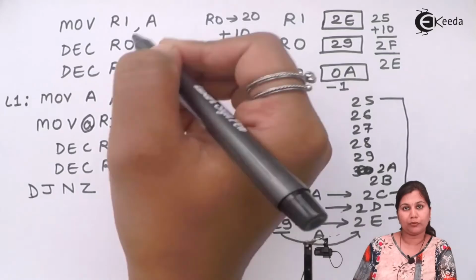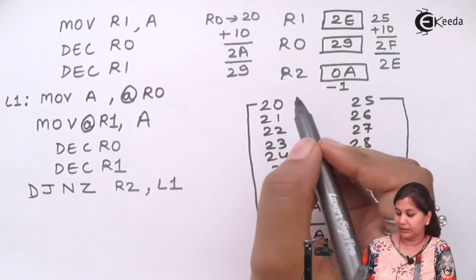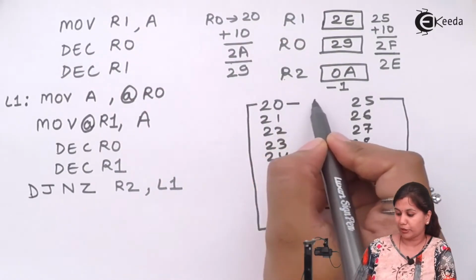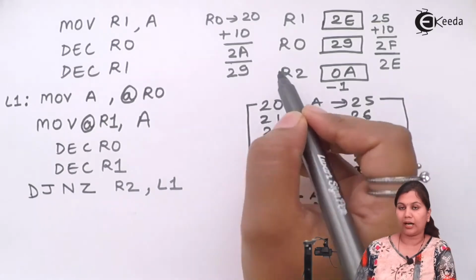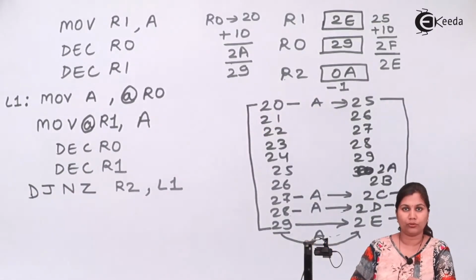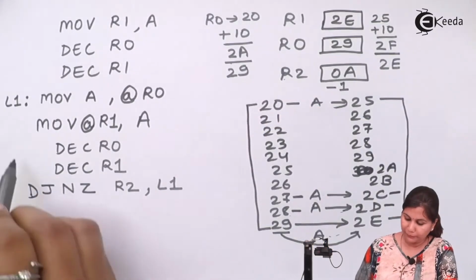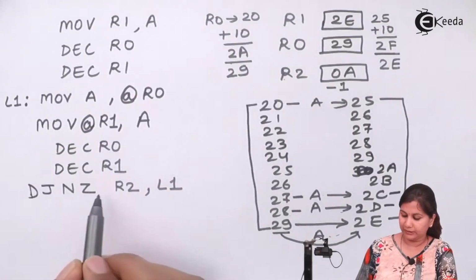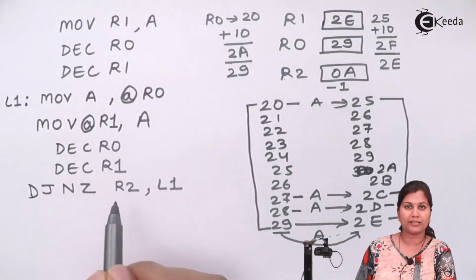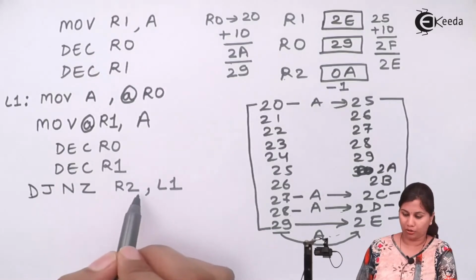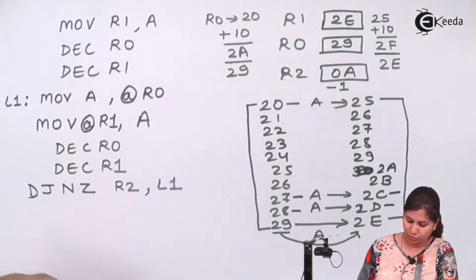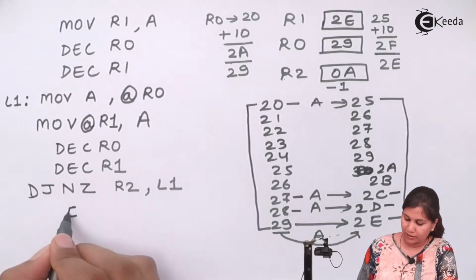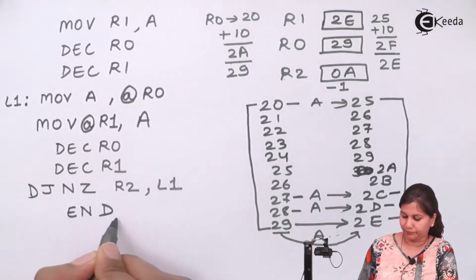In this way the procedure is to be repeated until the last number is shifted and the count has become 0. Okay, so repeat this process until this count value R2 has become 0. When it has become 0, then you have to end the program.